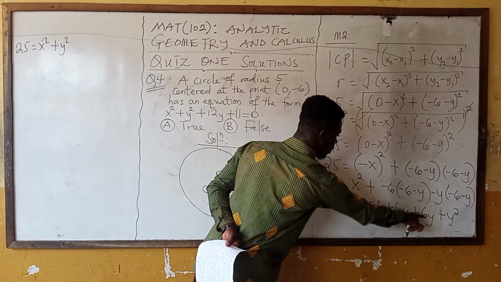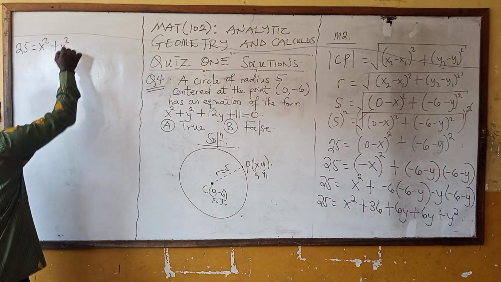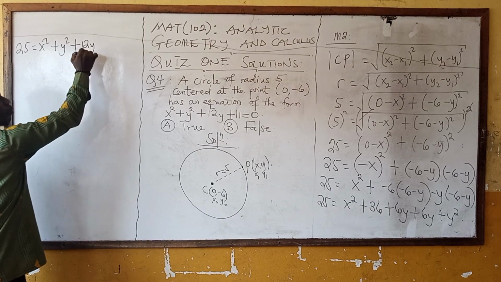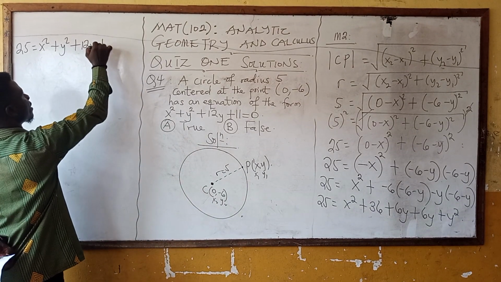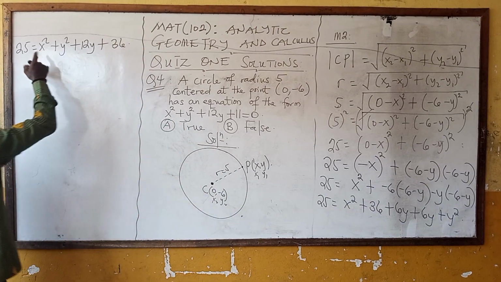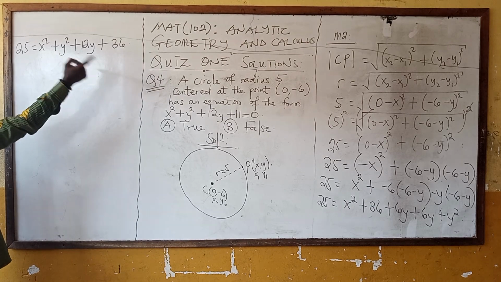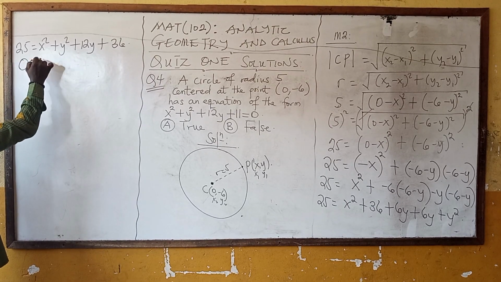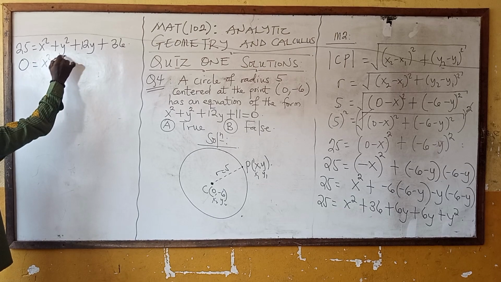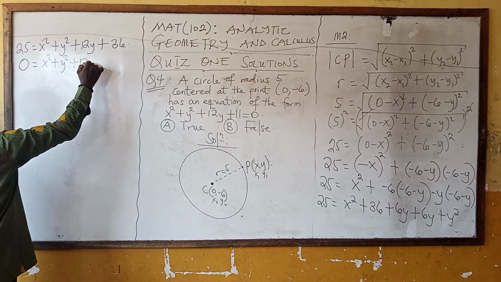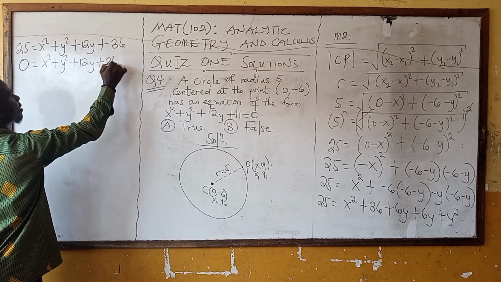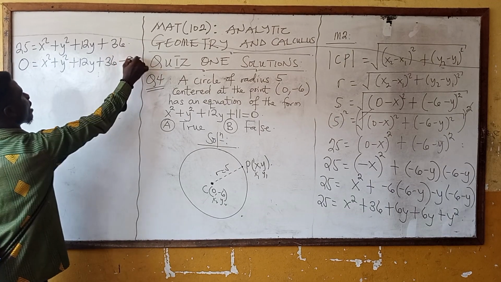Then 6y plus 6y, we obtain 12y, then plus 36. So we can send this 25 to the right hand side. So we have 0 equals x squared plus y squared plus 12y plus 36 minus 25.